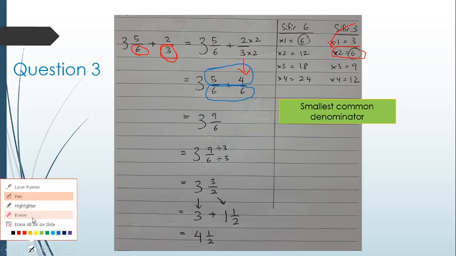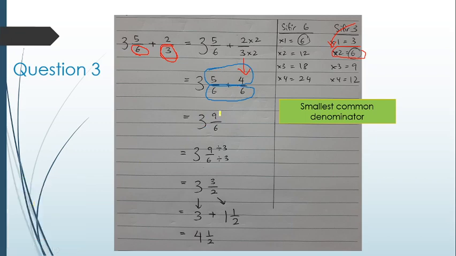This one is an improper fraction. But this one can be simplified into the smallest form. Boleh dipermudahkan lagi untuk jadi bentuk termudah ataupun pecahan yang paling kecil dengan membahagikan dengan 3. Bila bahagi 3, when we divide with 3, we will have 3 over 2.